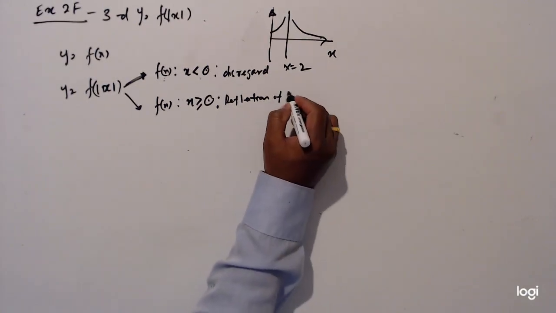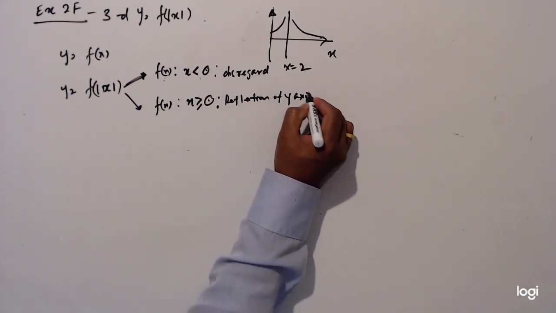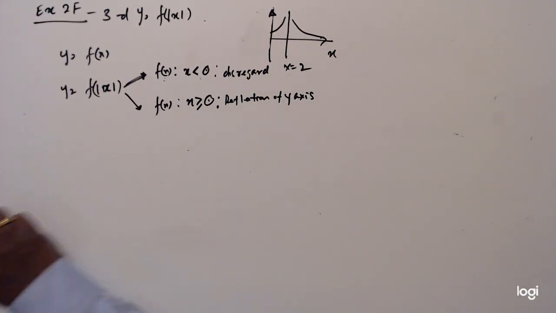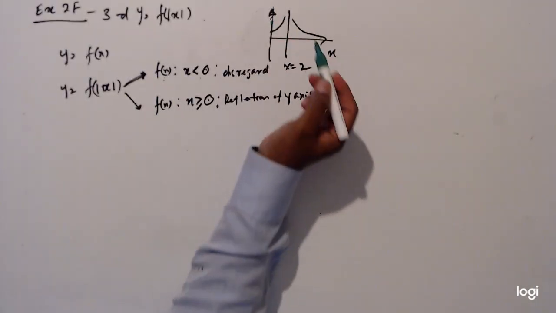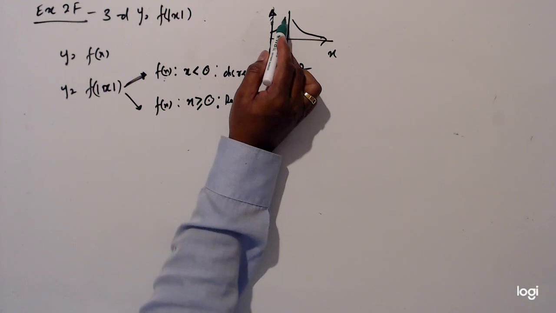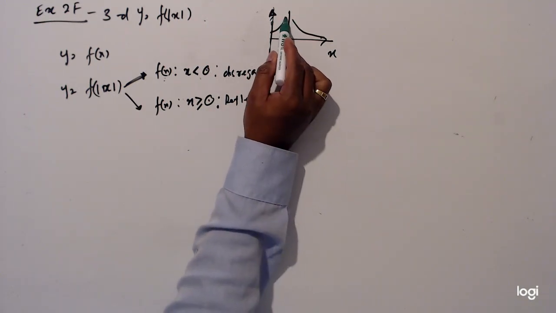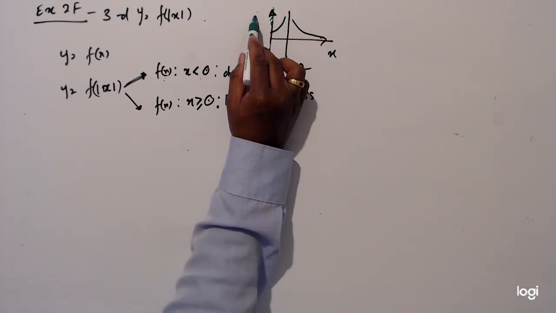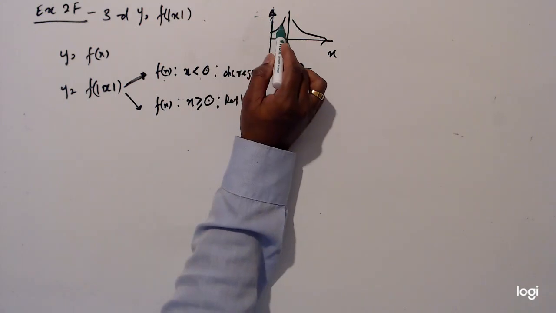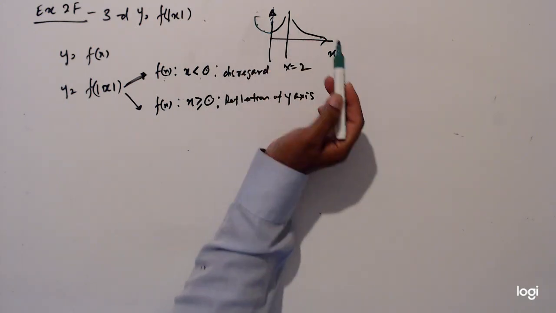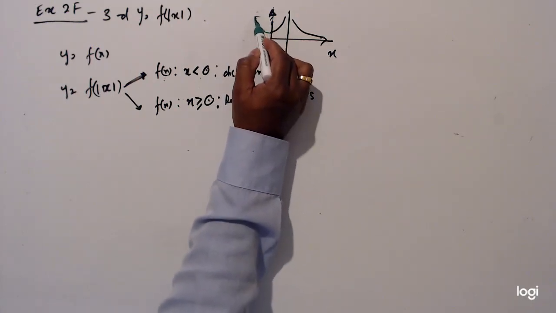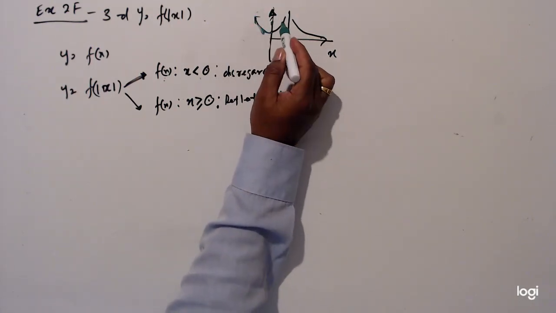Reflection of y-axis. So now when we keep a mirror on here, this point is going to be here. This point is going to be here. This point is going to be here. So this is the mirror reflection of this part.